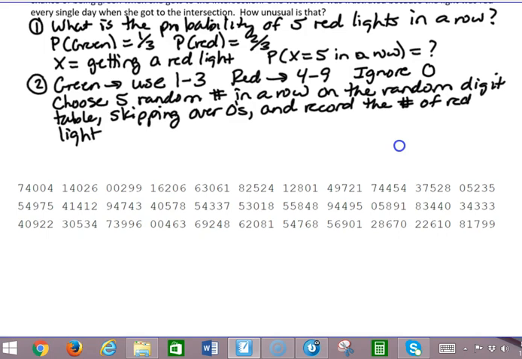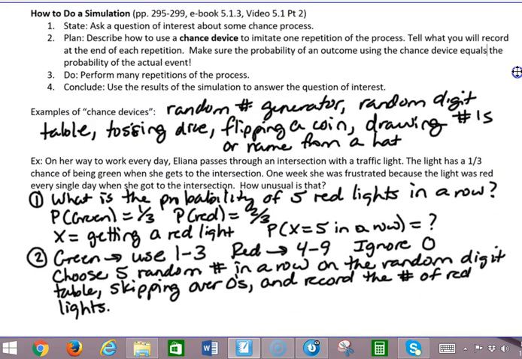So in other words, I'm going to record how many times I get the digits 4 through 9. Now at the end then, so that's my process.